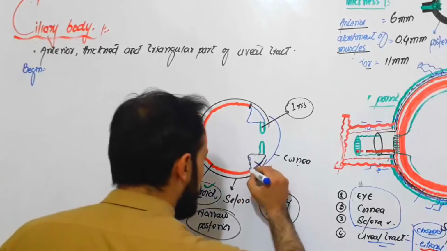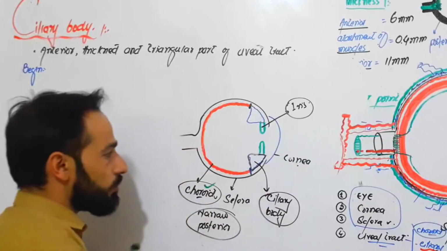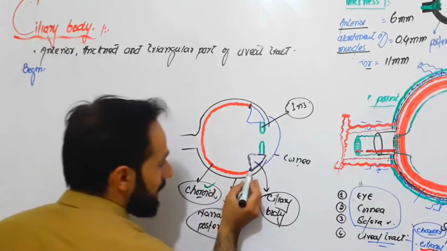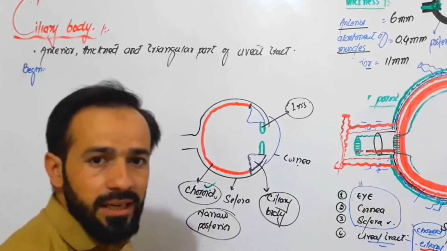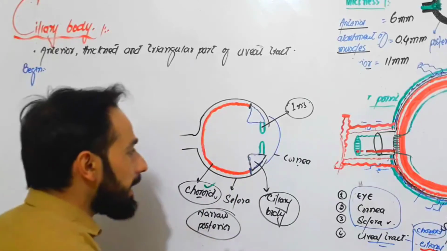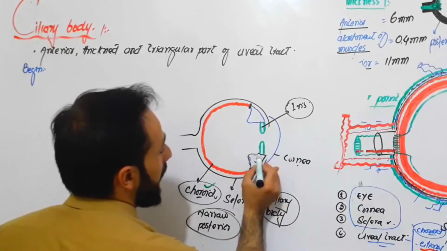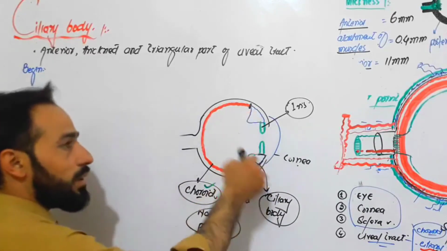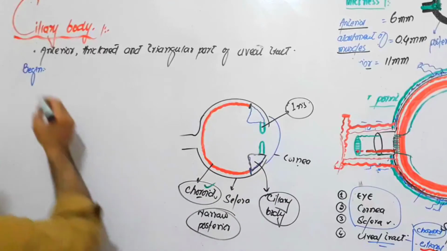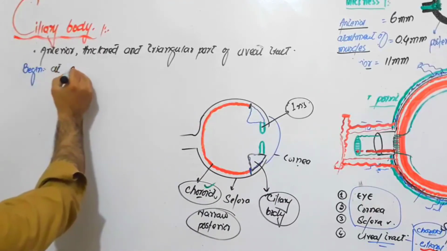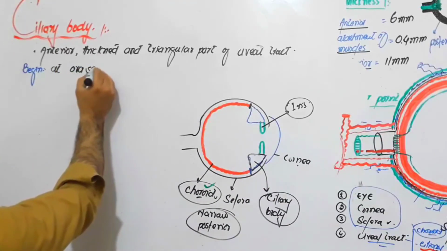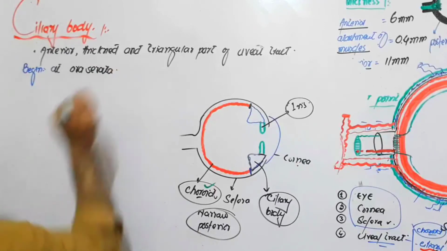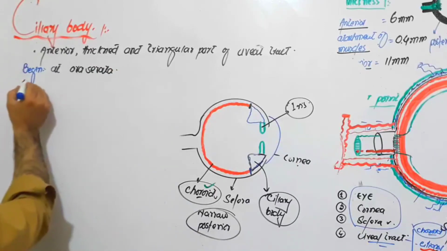This is the beginning part and this is the end part. So we say that this ciliary body begins at the ora serrata and ends at the base of the iris, right? I will show what the ora serrata is. So it begins at the ora serrata, and ends where?